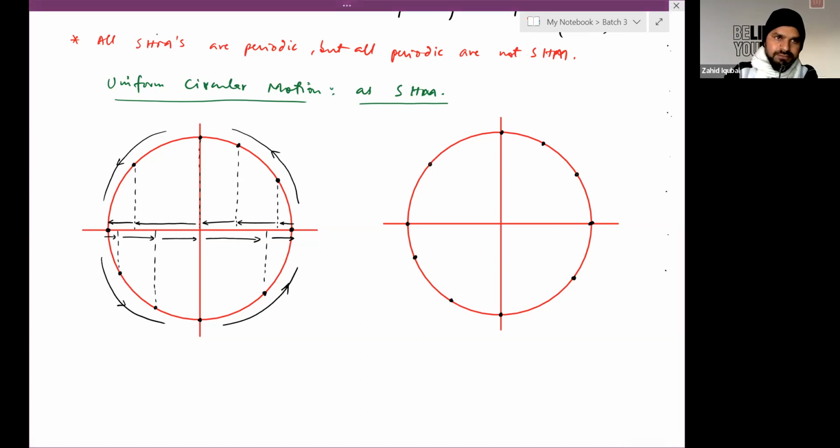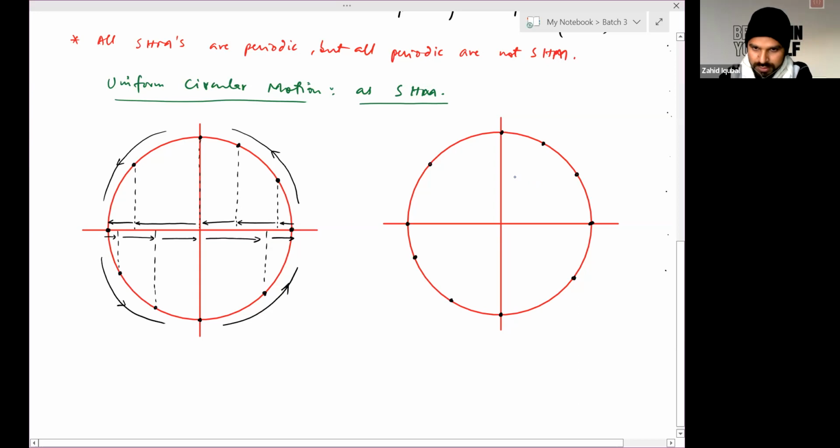So if you draw projection along y-axis, first from this point, it may move along this way to reach at this point, then return back, then further along this way.